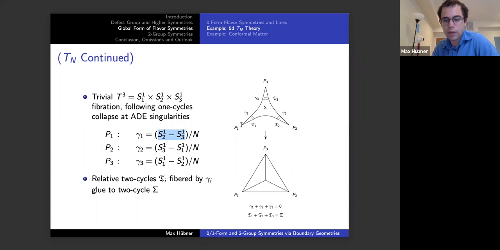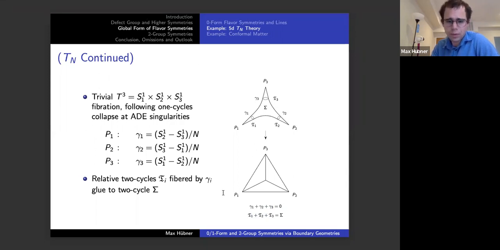There's the ADE singularity, where this 1-cycle gamma 1 pinches, and going outwards from it, we construct the cigar-like object, T1. And all of this happens 3 times at these 3 points. Now, because these 3 circles, right, you can just see it, it's anti-symmetric, they sum to 0 in homology. This means that we can glue these cigars into one compact 2-cycle sigma.